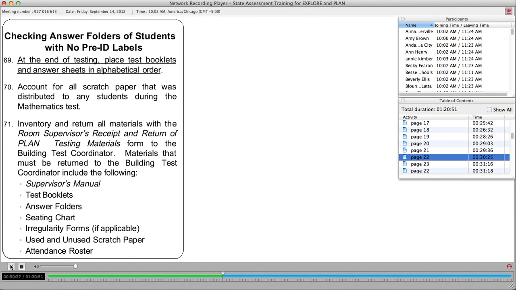At the end of testing, we ask that the room supervisor places the test booklets and answer document folders in alphabetical order. This is to assist the building test coordinator in making sure he or she has a test answer folder for every student, so that when the reports are sent, you have documentation that there was an answer folder for every student.